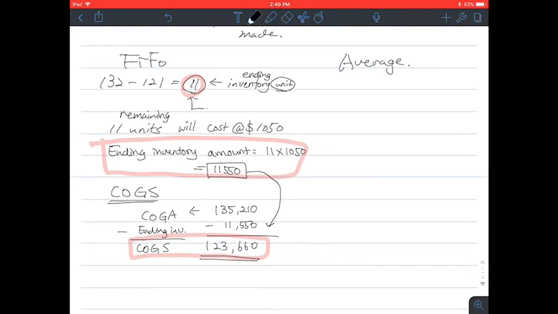Let's go and use the average cost method. So what we're going to do is calculate the average of the entire cost of goods available for sale over the units available for sale.